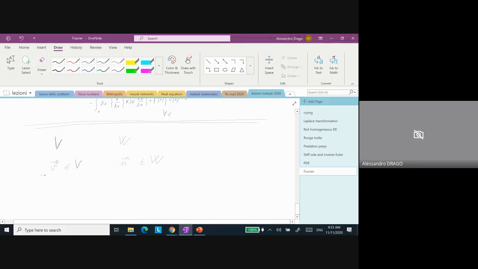So I'm not demonstrating it, but there is a demonstration in the book, but it's honestly a little bit boring. And so the first point is, what does it mean that U is the best approximation to V within the subspace? Well, first of all, we have defined a scalar product. And from the scalar product, we can define a norm.